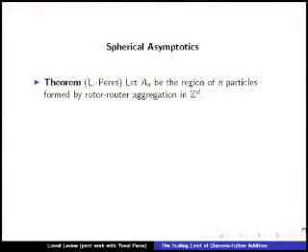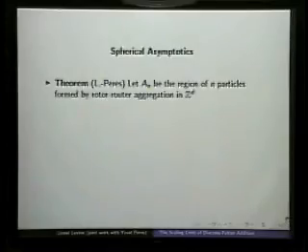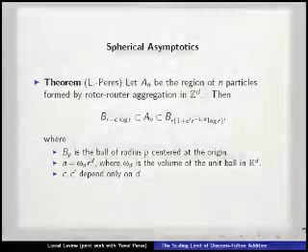The first question about this was, why is it so round? Here's what we can show. If we let AN be the region of n particles that are formed in this way, then we can show that AN is squeezed in between two balls. What are the radii of these balls?